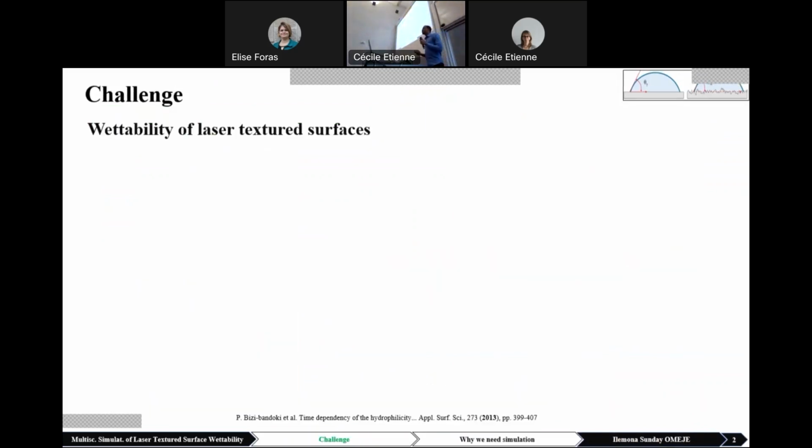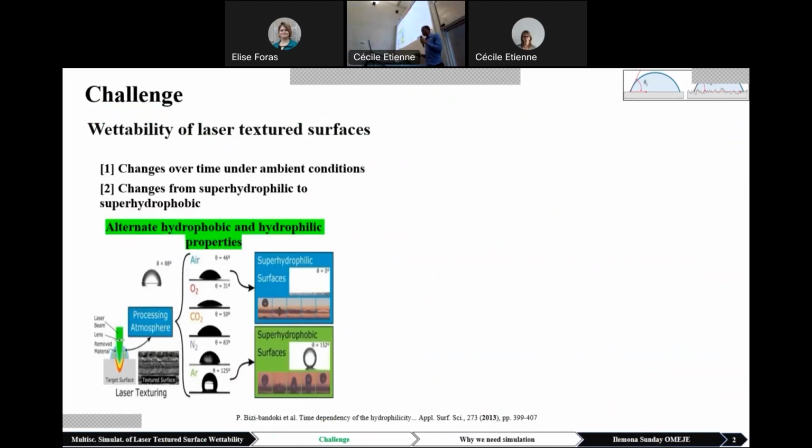However, the wettability of laser textured surfaces changes over time under ambient conditions, from super hydrophilic to super hydrophobic states. And the reason for these changes is not known. Several experimental results have tried to explain the reason for this.